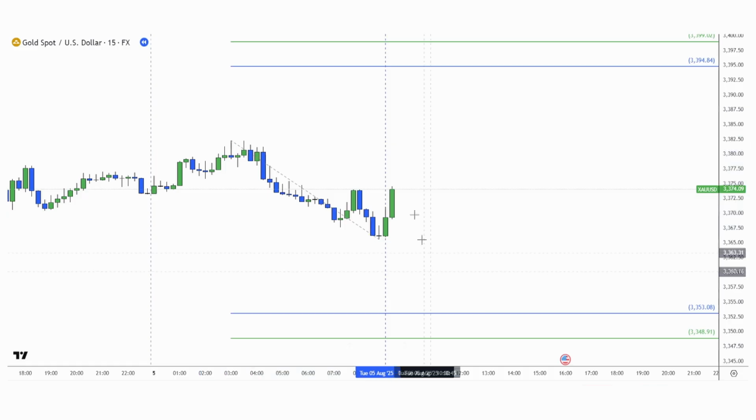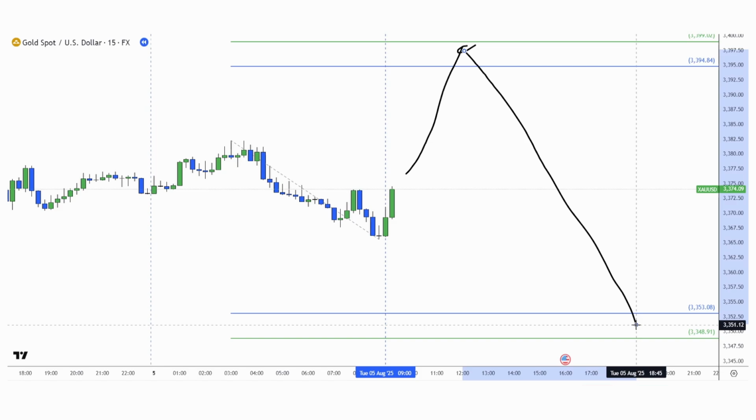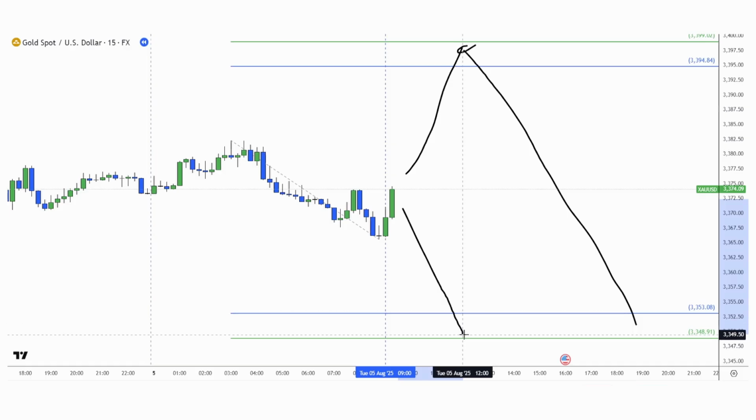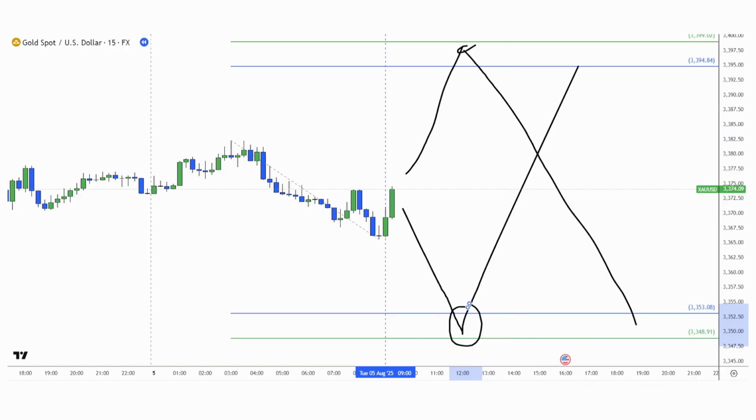Usually you just put your interbank levels like this, and expect price to either go up here, and once it goes up here, the market is going to sell off. But if price goes down here, we're going to expect to buy for the day. And then we buy here. See? It's as simple as that.